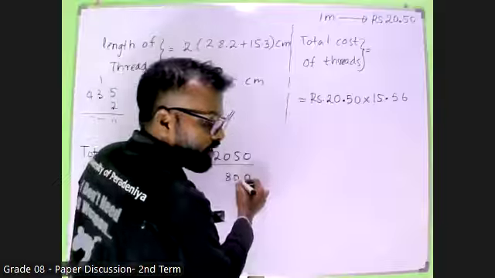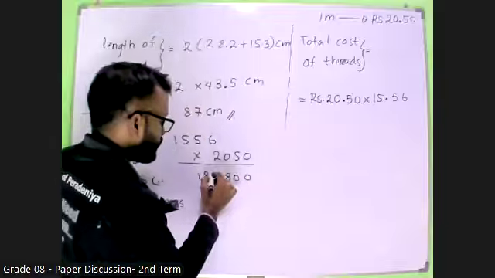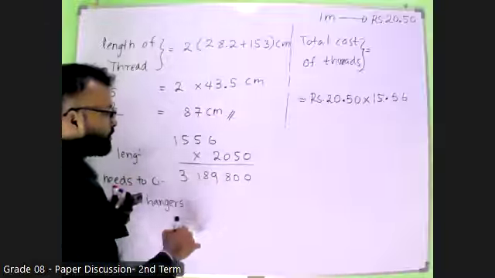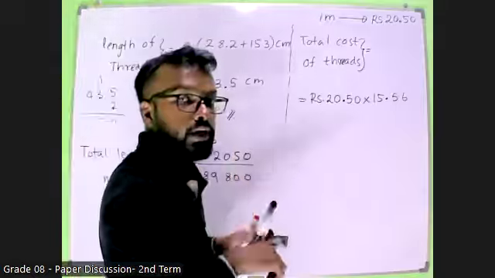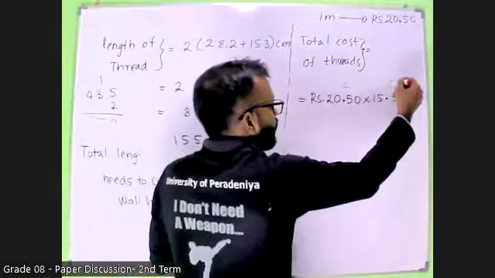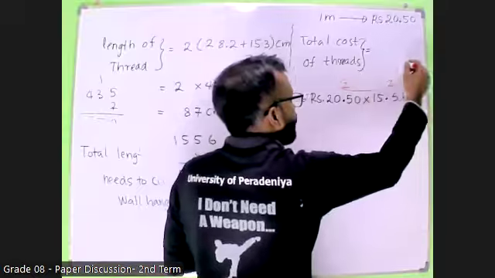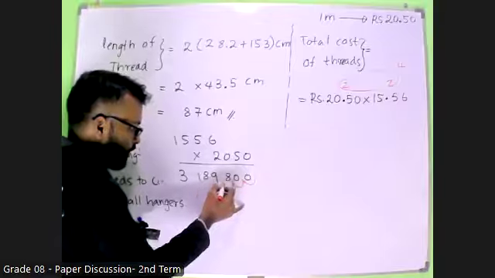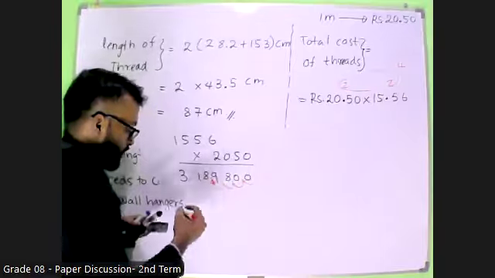I am not going to multiply this fully, you know it, right? Something like this as the answer. So altogether, how many decimal points do we have? Here we have 2 decimal points, here we have 2 decimal points, altogether 4 decimal points. We have to allocate 4 decimal points: 1, 2, 3, 4. The decimal point comes here.